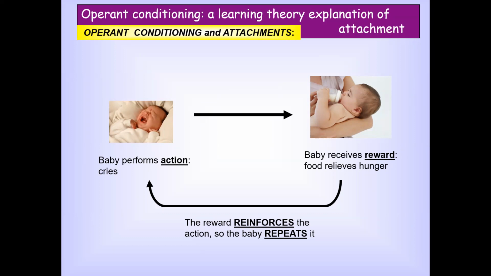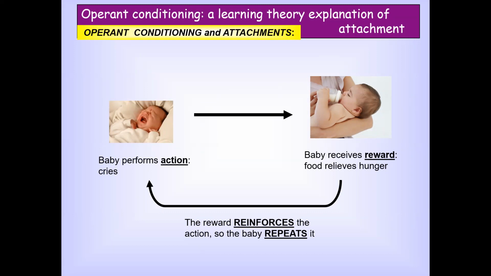You think, well, how does attachment come in here? It's because of who brings the food. Food can be seen as the primary reinforcer, because that's the stimulus that gets rid of that feeling of discomfort and hunger. But who brings the food? In this case, we'll say the mother as our caregiver. Every time the baby gets fed, the mother brings the food.